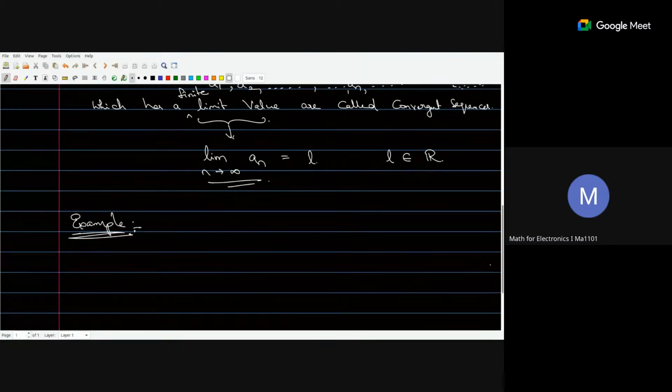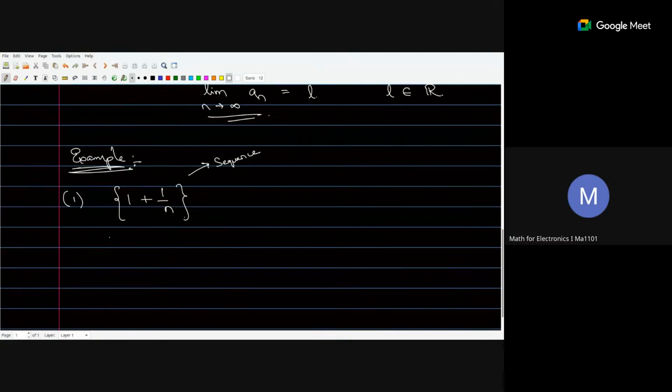The very standard example which is well known to everyone is 1 by n. I am not taking that. A slight extension to that: 1 plus 1 by n. So if I represent 1 plus 1 by n within the brackets, this represents a sequence where my nth term is 1 plus 1 by n.